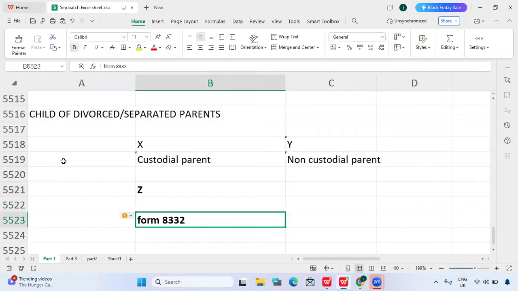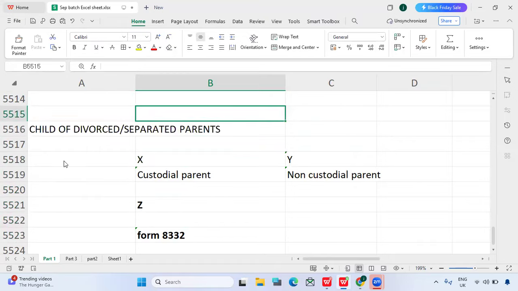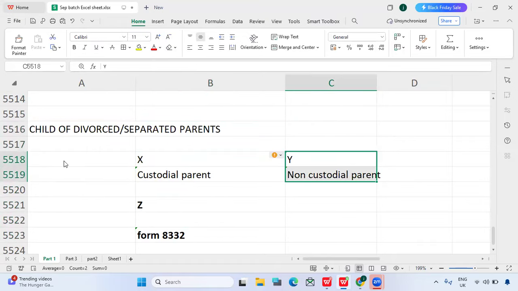The form to release the claim to the non-custodial parent is 8332. So X should sign Form 8332, and by signing it he can release this option.